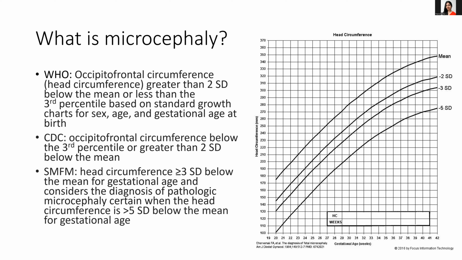Whereas the WHO and CDC are talking about a postnatal diagnosis of microcephaly, which is based on the actual measured head circumference of the baby. This slide seems to focus on postnatal, but SMFM on prenatal. So maybe they left it to SMFM, which makes sense.